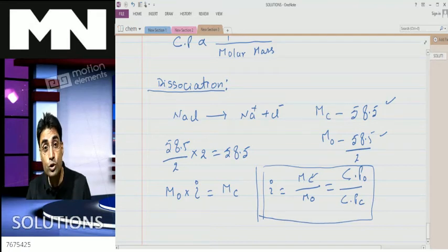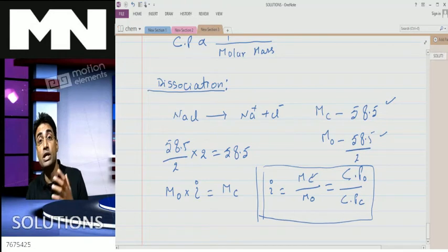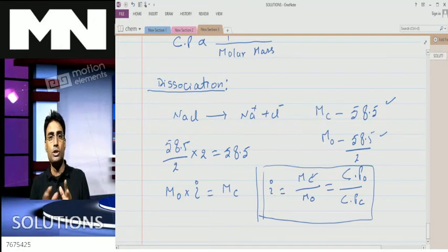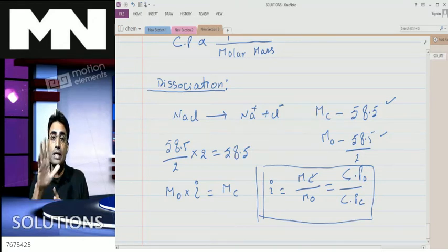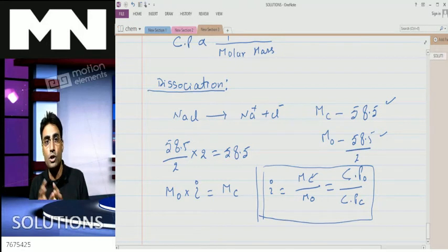Likewise, the observed colligative property is the property which is observed by someone who is posing a question to you. I give you one example for that. Suppose a question is given to you: 1 gram of sodium chloride when dissolved in 100 gram of water shows an elevation in boiling point of 1 degree Celsius. This elevation in boiling point of 1 degree Celsius is observed by the observer.